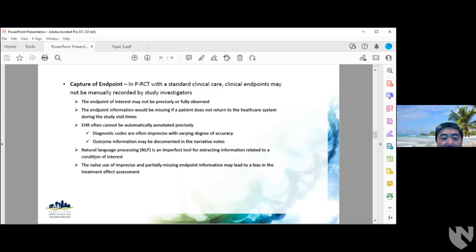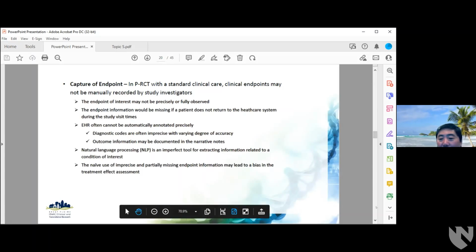Sometimes people use natural language processing, NLP, to extrapolate the information from the chart review notes, right? So kind of text learning or text mining or something like that. It's very helpful, useful, and also an inexpensive way to gather this endpoint information, but the downside is it's not 100% accurate, okay?